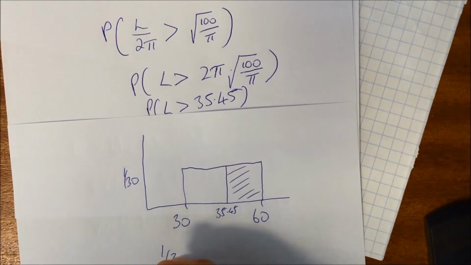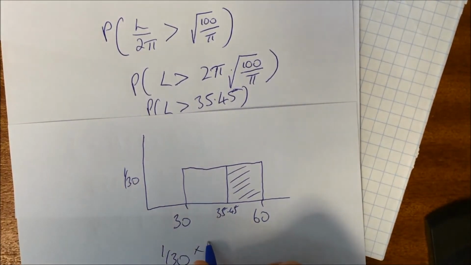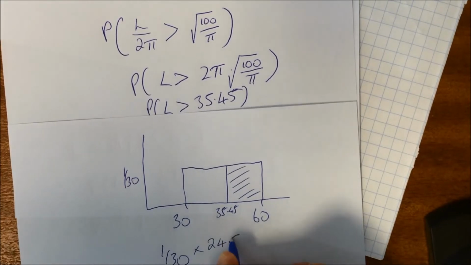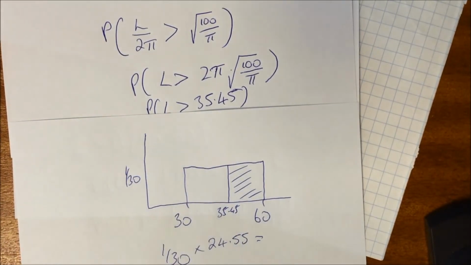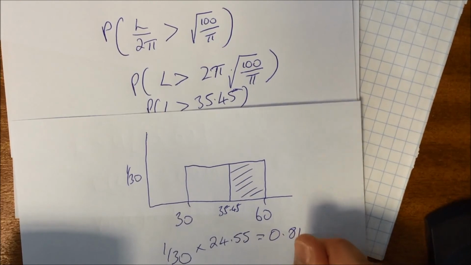So it's 1 over 30 multiplied by this distance, which is 24.55. And that gives me my answer. So just get my calculator at that point. 24.55 over 30 gives me 0.818.